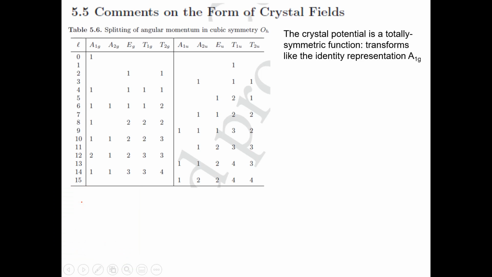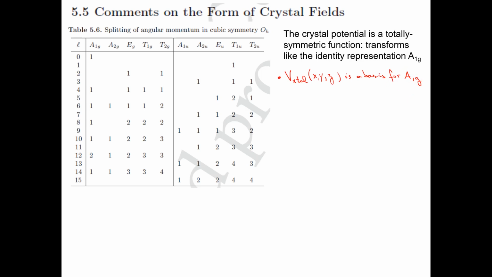This means that we can use this function V crystal, which is a very complicated function of x, y, and z, but we can use this as a basis for the representation A1G, right?